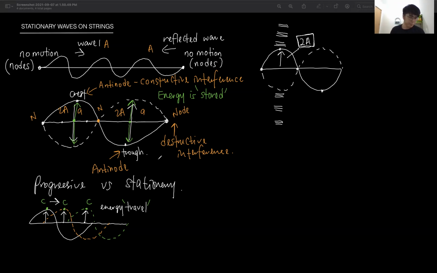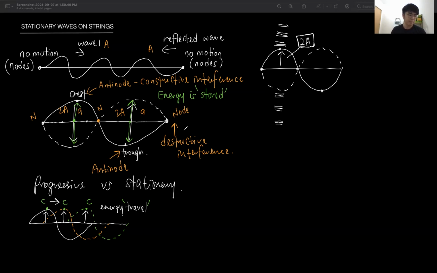So this is the basic idea of stationary waves. Why do we call it stationary? Because the wave is not moving. It is storing energy in the medium, and that energy is taken to vibrate the air particles around it and produce sound waves.